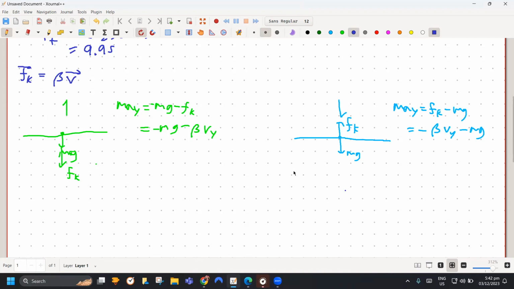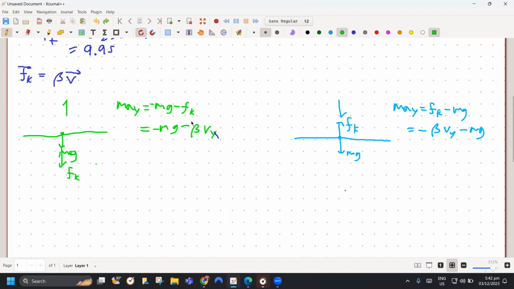So, dun sa vector equation, FK is equal to negative beta V. Wag mong lagyan ng vector sign yung component, component na lang yan eh.